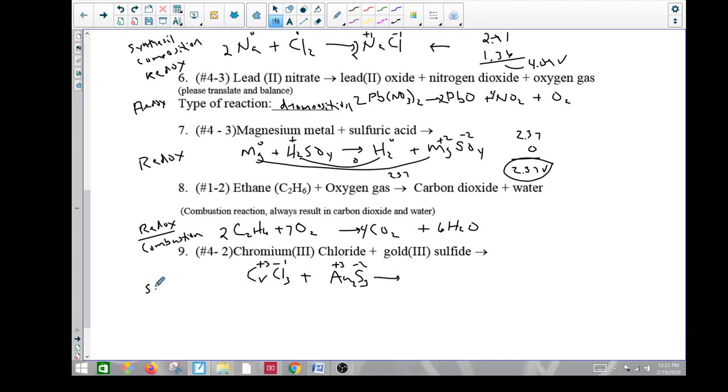So solubility, in this case, no charges changing, just swap out to get potential new products. Chromium sulfide, which again is a 2 and a 3, plus gold chloride. Again, I recharge balanced to make sure everything was good, and it was the same as it was before.